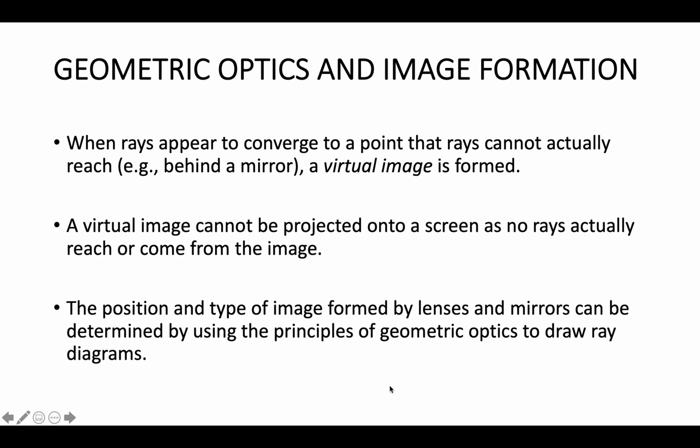The position and type of image formed by lenses and mirrors can be determined by using the principles of geometric optics to draw ray diagrams. So basically, geometric optics is all about drawing ray diagrams using those different principles of concave and convex mirrors, and trying to work out where the focal point is, or whether there's a point of convergence, and whether the image is real or not real.